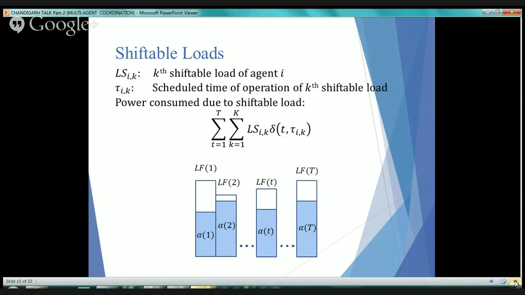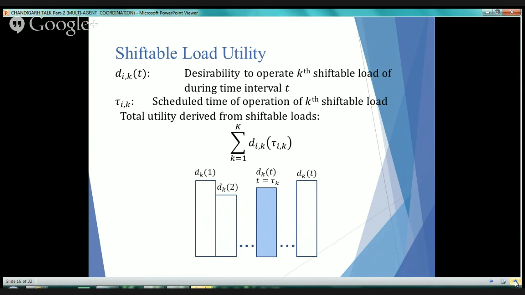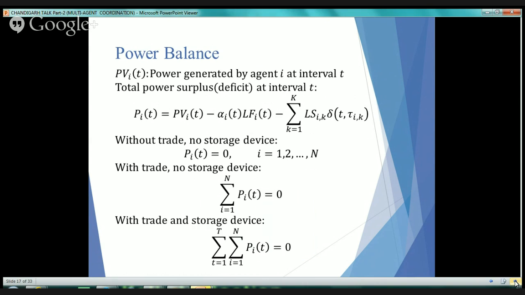And then the rest of the power: this is the total power surplus or deficit. PV is the photovoltaic power generated in each time interval, this is the power consumed from running the fixed loads, and this term is the power consumed from running the shiftable loads.